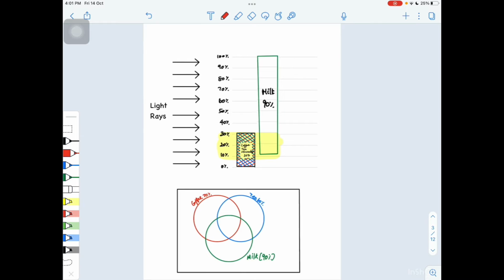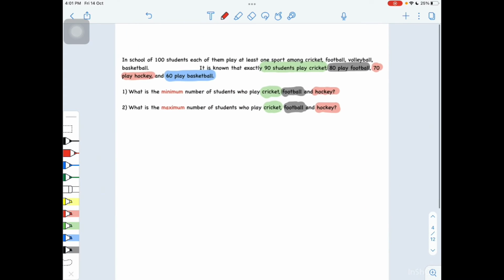However, in this new problem, the situation is slightly different, because there's a statement: in a school of 100 students, each of them plays at least one sport among these. Which means out of these 4 sports, people should be playing at least one sport, which means no overlapping region. The number of people is 0.